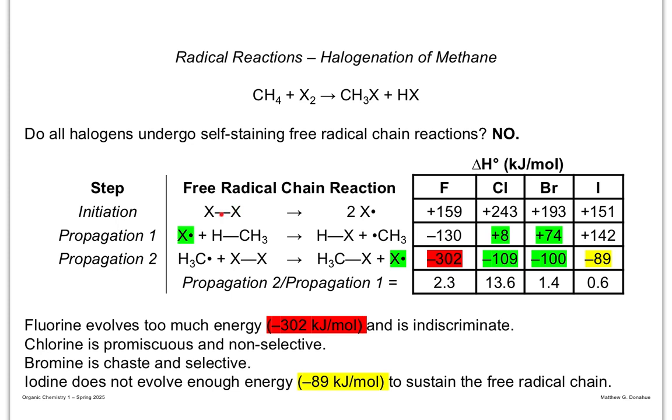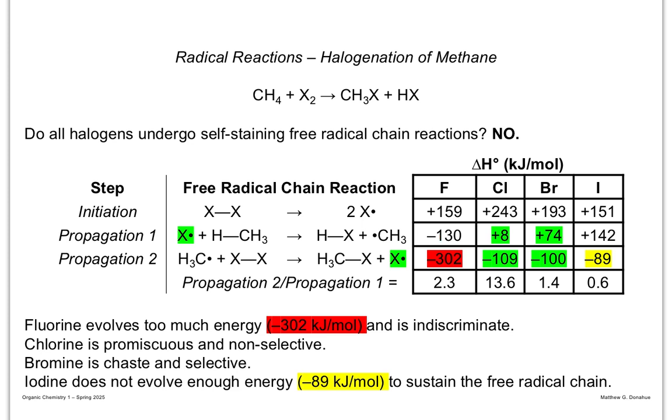So again, in the initiation step, really what you're looking for is you're just getting that value straight away from the table of cleaving that molecular halogen bond. That's where those numbers in the first row come from.